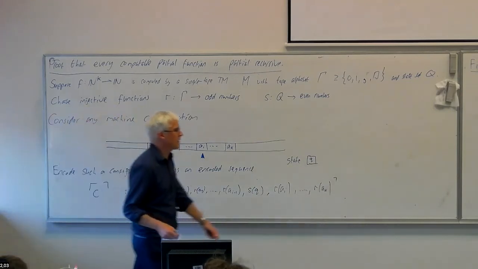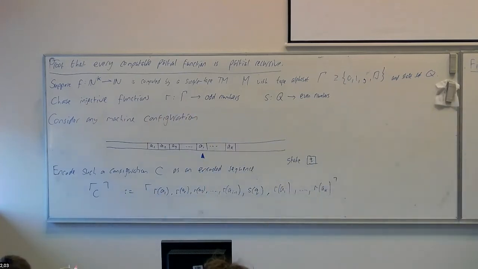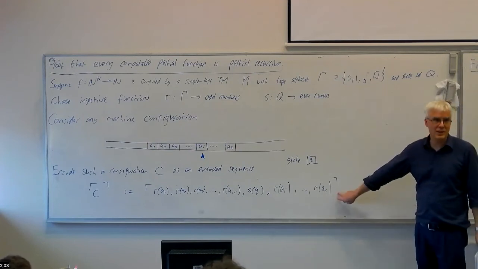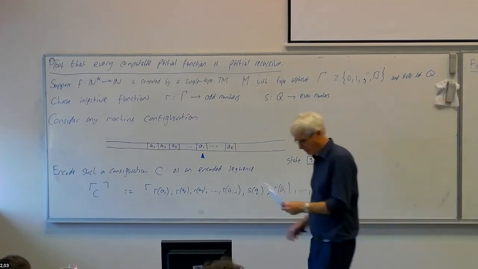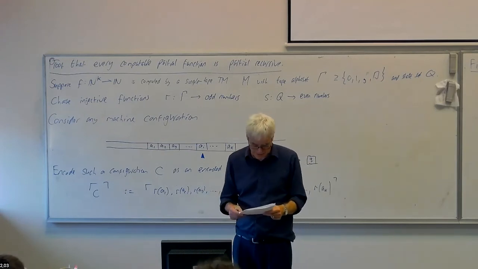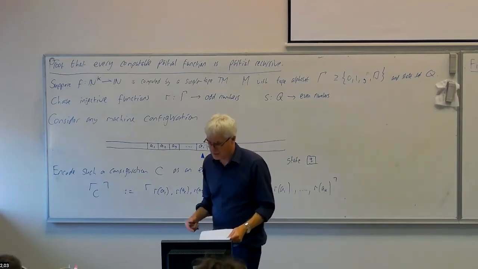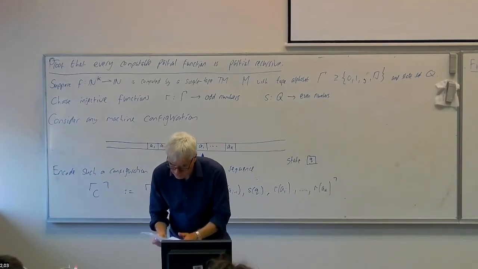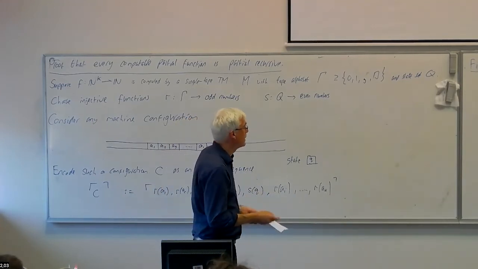And from the encoding of sequences, you can see that these numbers are going to get quite large. For any kind of reasonable Turing machine, you're going to get quite large numbers encoding the configuration.